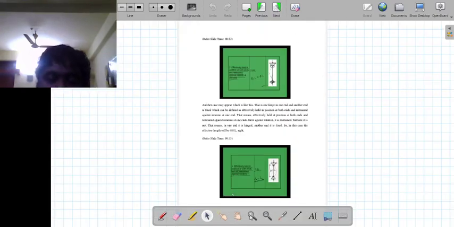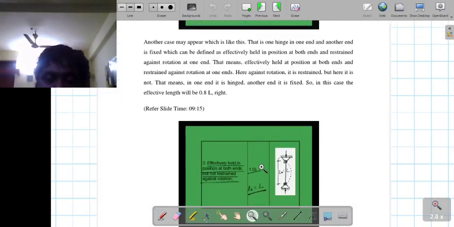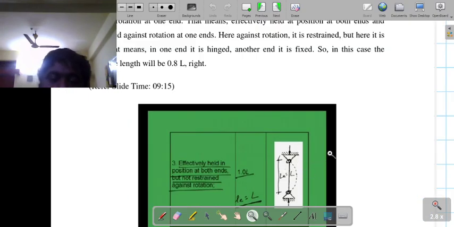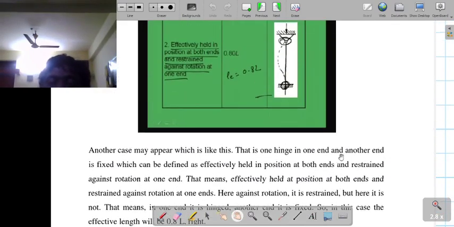Okay, next come to the other slide, the other type of support. In this type of support, we can see that vertical movements are blocked, but horizontal movements are permitted. So it will start bending from the end itself. So it is called effectively held in position at both ends, but not restrained against rotation. So rotation is permitted. For this support condition, we can take the effective length as the full length.